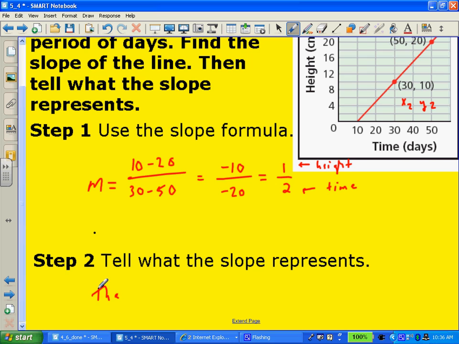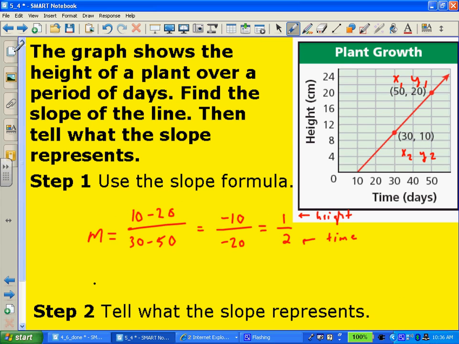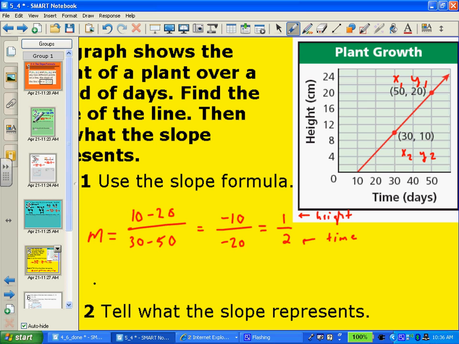So the slope here tells us that the plant grows 1 centimeter every 2 days. Okay? Or that would be what it tells us. So once you find the slope, think about what does y represent, what does x represent, and then that will help you say what the slope represents. Alright, and that's how we do those.